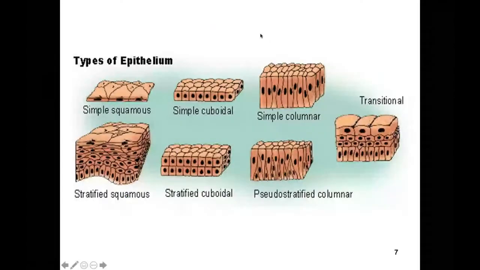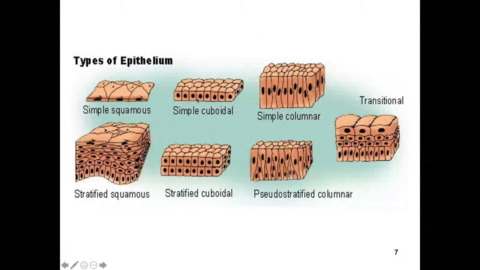If we saw that you had different shapes, different structure, different sizes, different thicknesses, simple versus stratified, there may be certain areas of the body where you need one cell layer thick compared to an area where we have multiple layers. So for example, if we looked at simple squamous, it's only one cell layer thick.